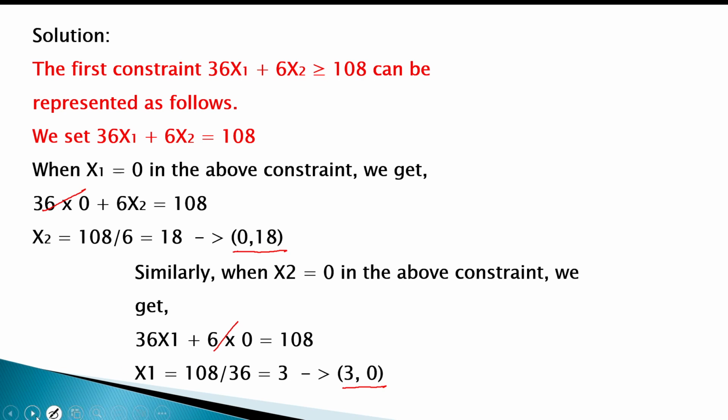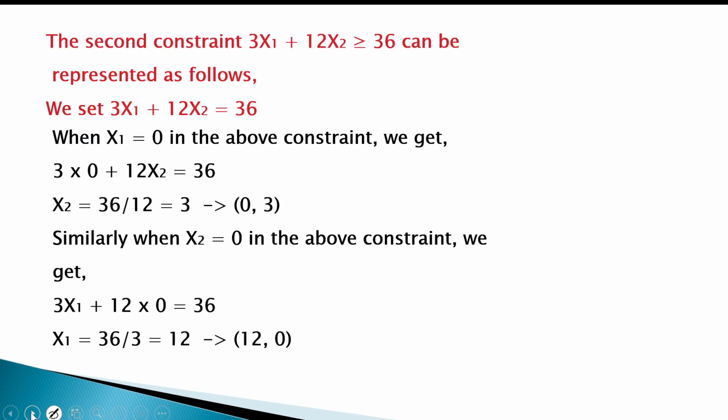equal to 108. The second constraint reads 3x1 plus 12x2 greater than or equal to 36. So we'll set 3x1 plus 12x2 equal to 36. First of all, we let x1 equal to 0. So 3 times 0 is 0. So 12x2 equal to 36 means x2 is 36 divided by 12, which is 3.